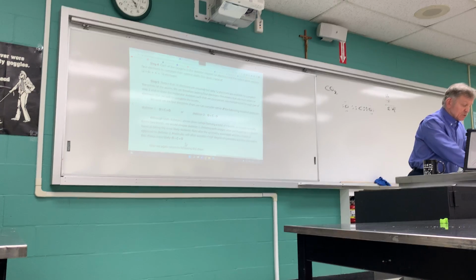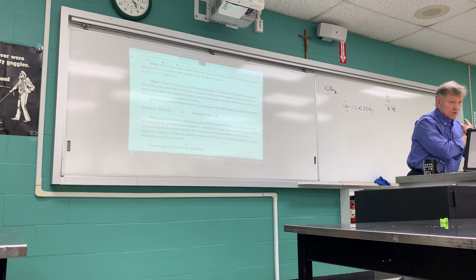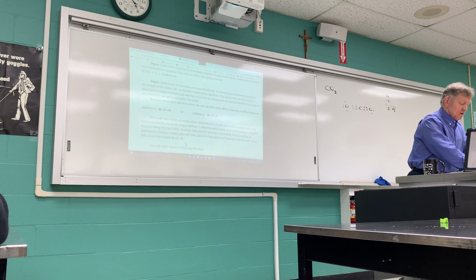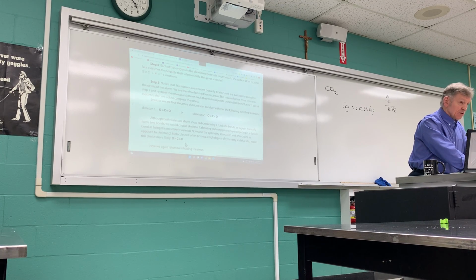So, the following general rules apply to formal charges. The sum of formal charges in a neutral molecule is equal to 0. Now, this is a neutral molecule, so we should expect that. The sum of all formal charges in an ion is equal to the ion's charge. Small or 0 formal charges on atoms are preferred.